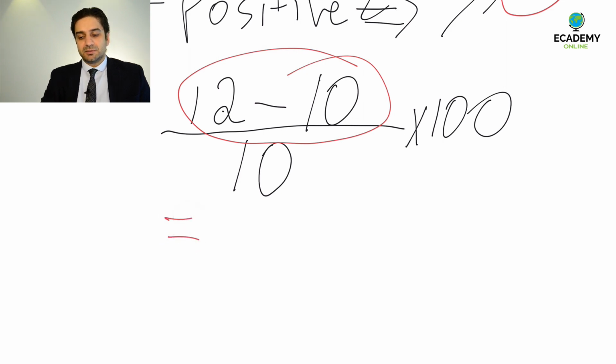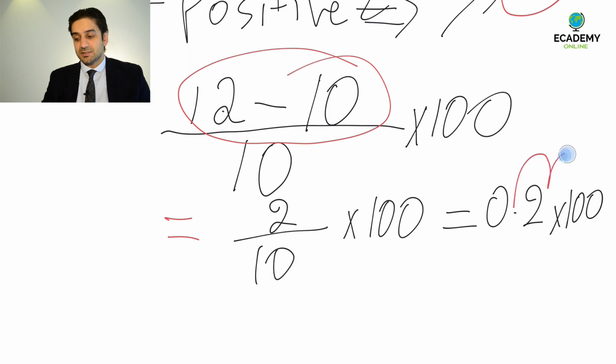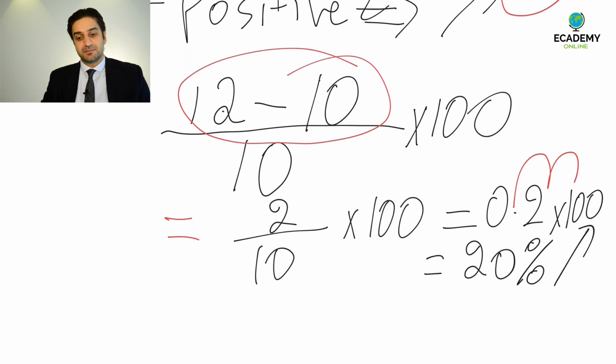The result will be 2 over 10 times 100, which in its essence, 2 over 10 is 0.2 times 100, which means that the decimal place will shift twice to the right. So my answer would be 20% increase, because it's a positive percentage.